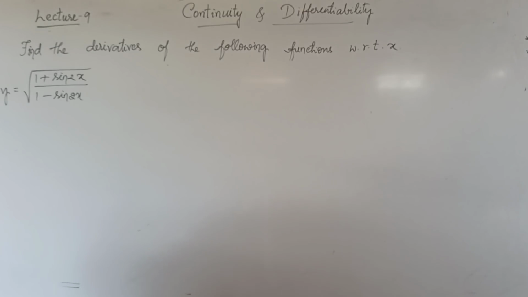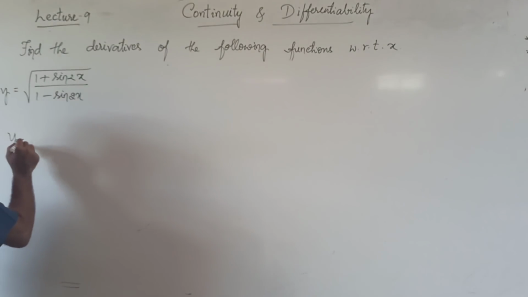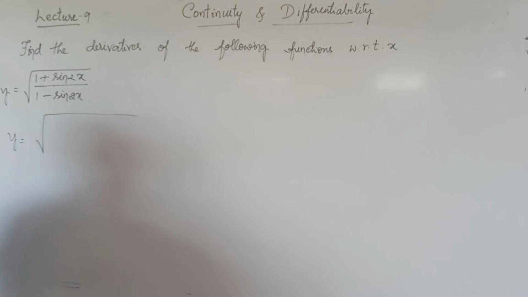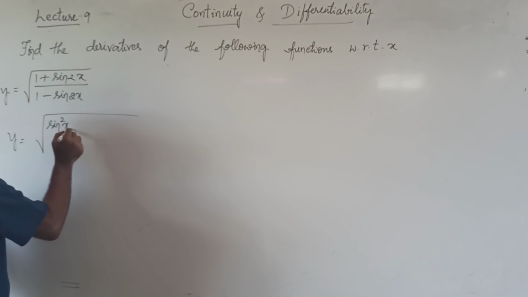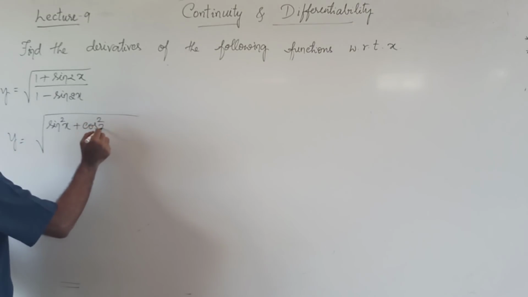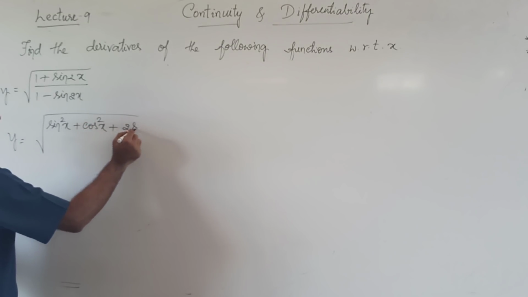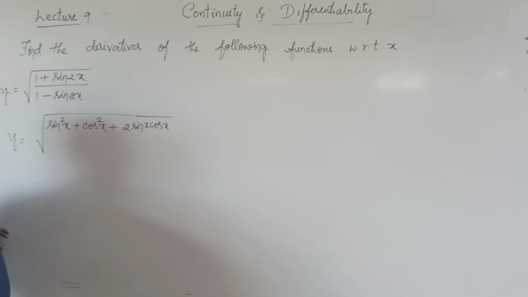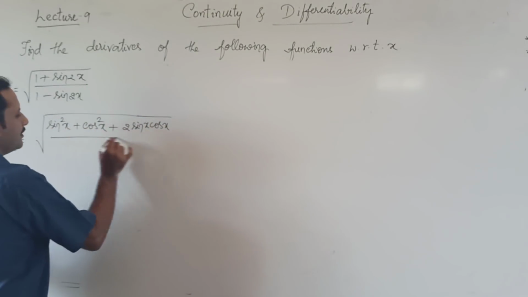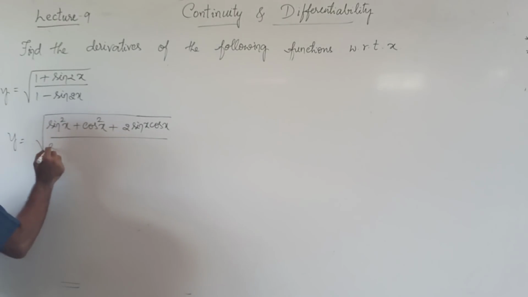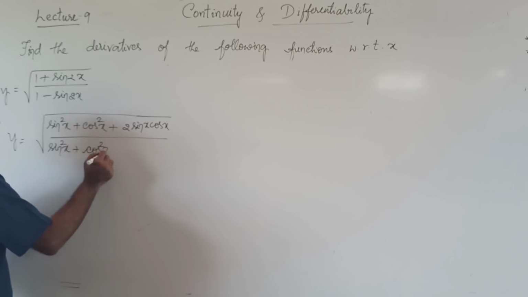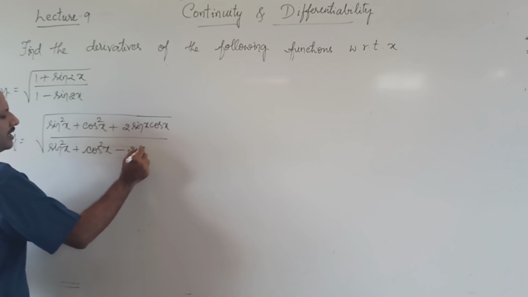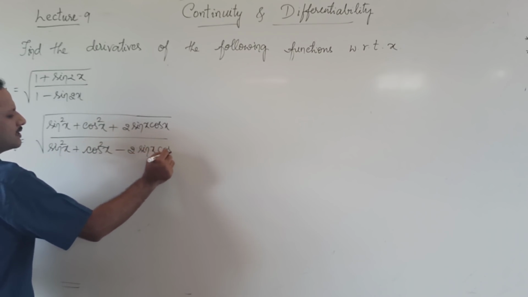I'll take this as y. Before I differentiate this, let us first simplify it. I'll write 1 as sin square x plus cos square x, and sin 2x can be written as 2 sin x cos x. Then, similarly in the denominator also, I am writing 1 as sin square x plus cos square x, and sin 2x as 2 sin x cos x.